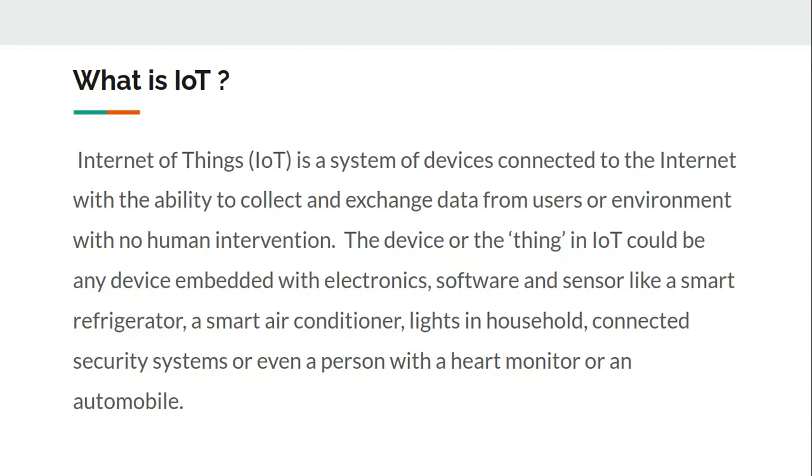Let's take an example. In some houses, when places are getting dark, the lights come on alone, and when day is breaking, lights go off alone. That can be called Internet of Things. It has what we call a sensor, embedded with electronic chips and so on, and it has its software.